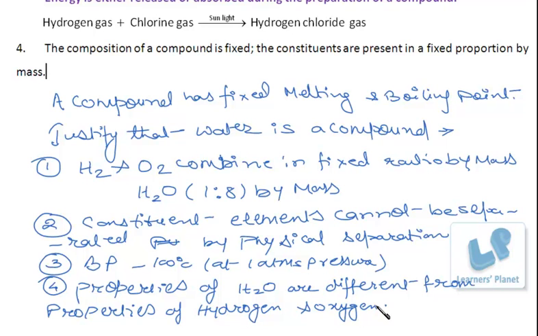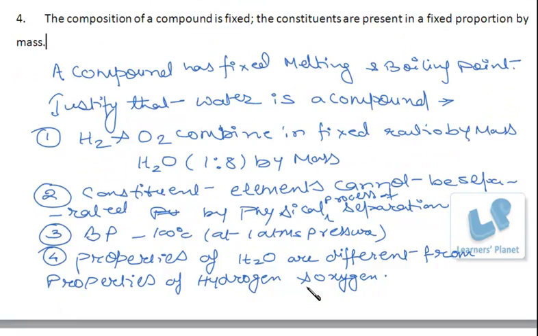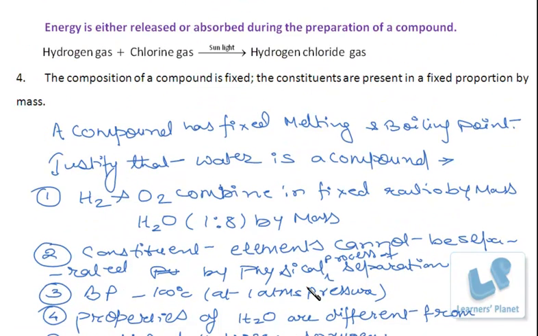Secondly, you have to write that the elements cannot be separated by physical processes of separation. And third point, that the properties of the compound are different from those of the constituent elements. That you can very well guess. And last, that they have fixed boiling and melting points. So these are the characteristics of compounds.